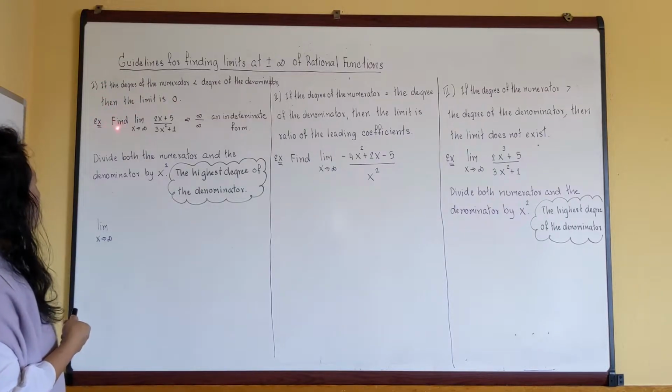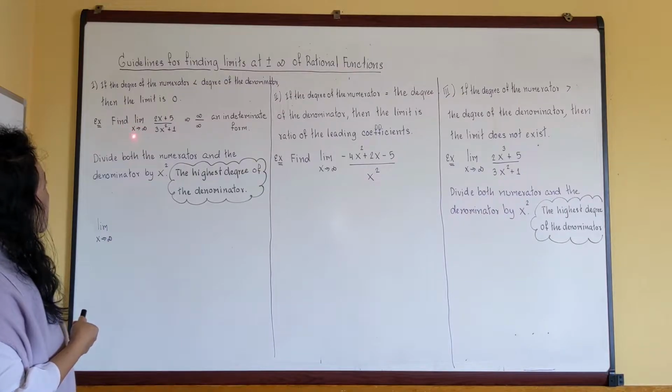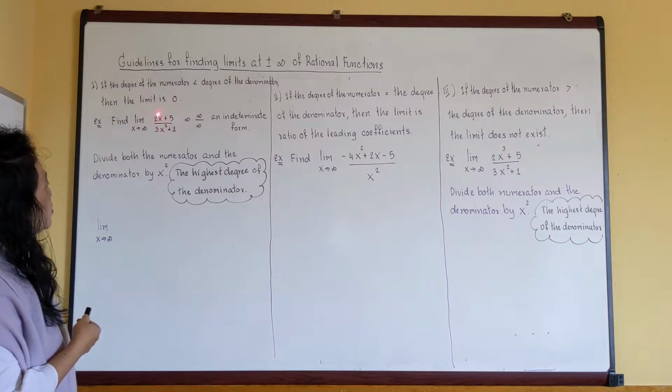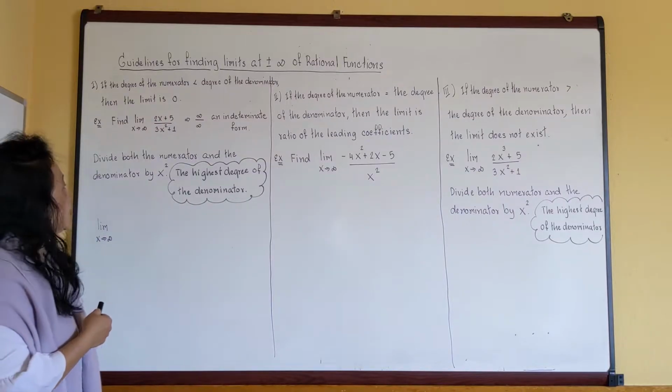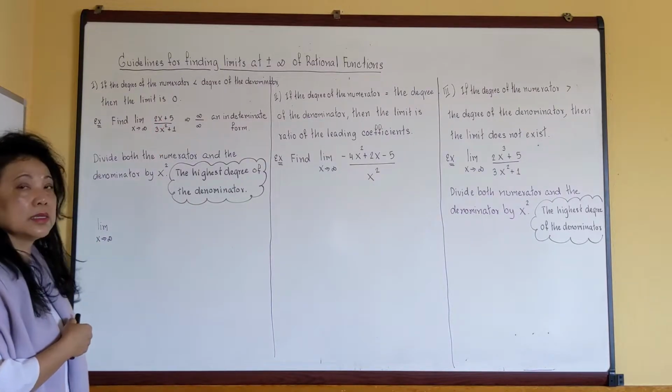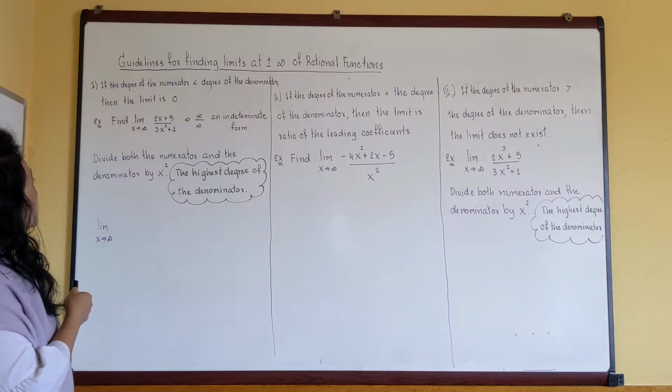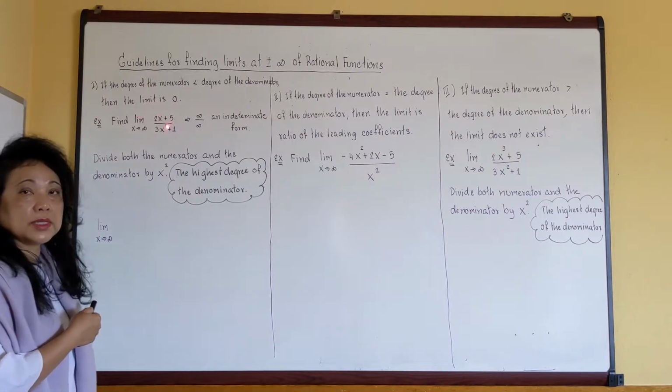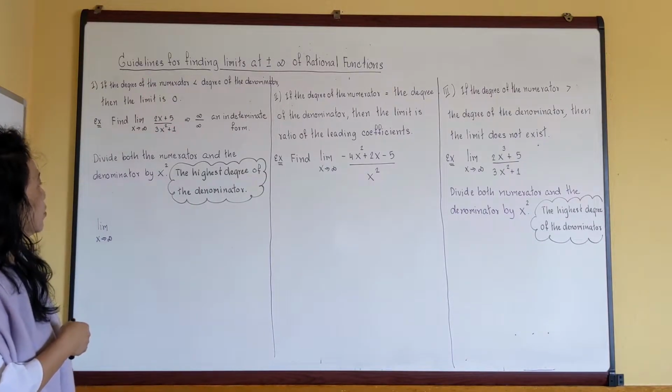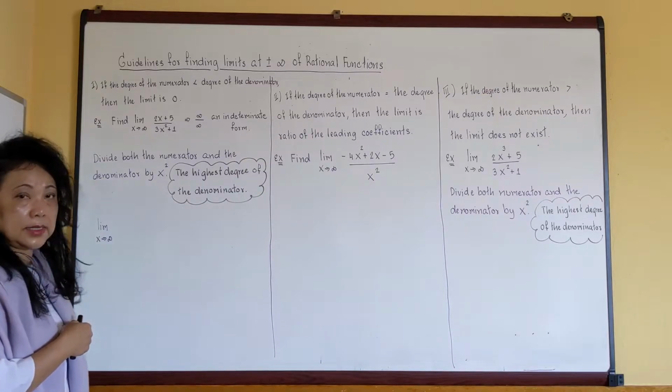Look at this first example. Find the limit as x approaches infinity of 2x plus 5 over 3x squared plus 1. The degree of the numerator is 1. The degree of the denominator is 2. From this, we know that the limit is going to be 0. However, I will show you how I get 0.